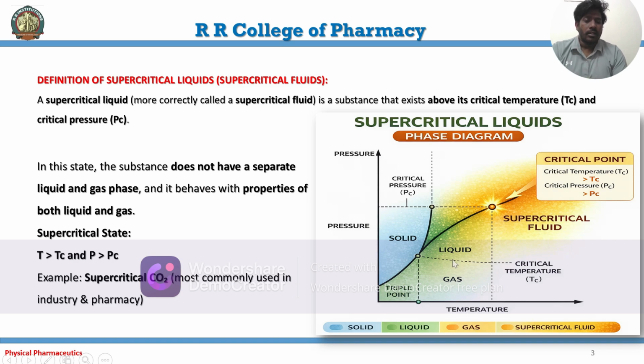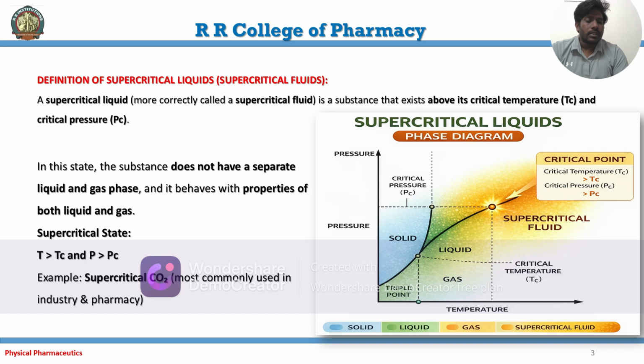The right side of this line up to here is the gaseous phase, and this is the liquid phase. The point here, you can see in orange, is called the critical point.